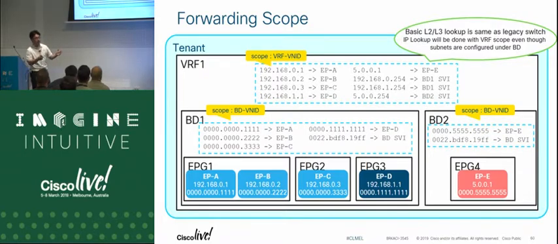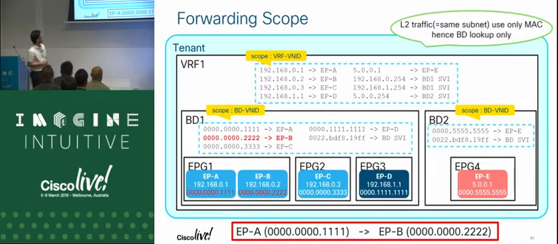I just split them up into the bridge domain VNID and VRF VNID so that it's easier to see. So forwarding happens based on the bridge domain VNID first, then moves on to the VRF VNID, even though that information is stored in a single entry. Okay?